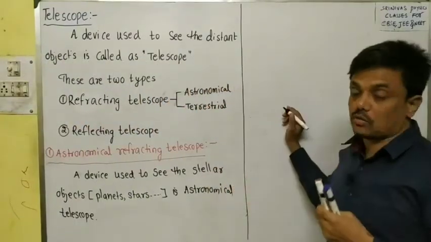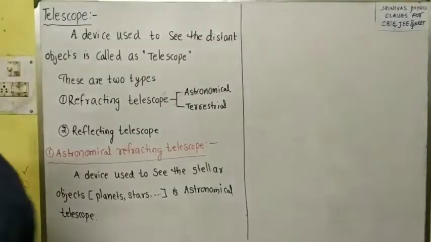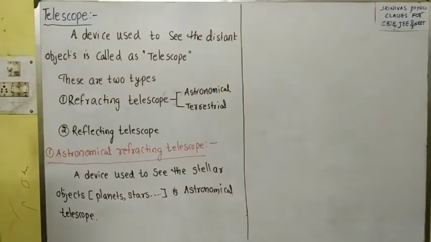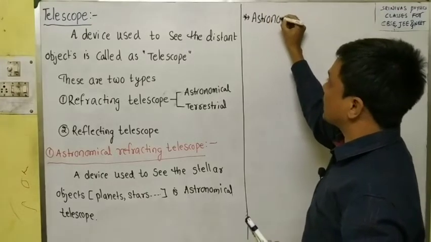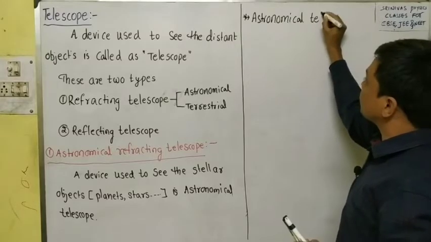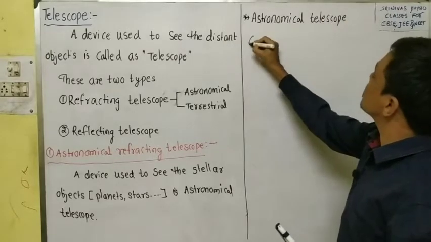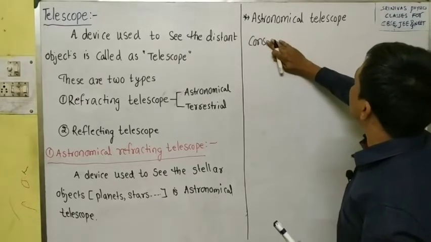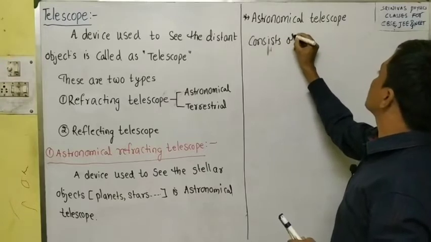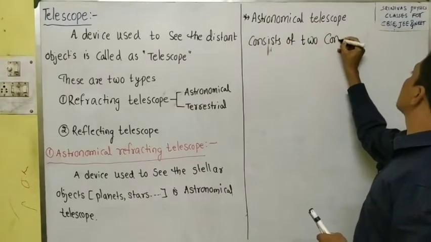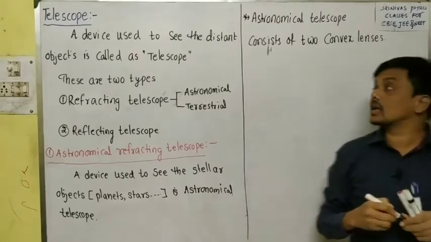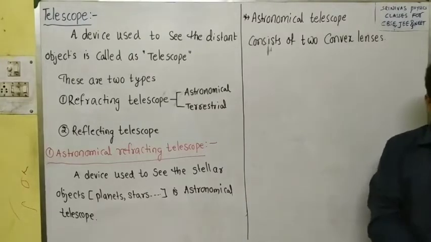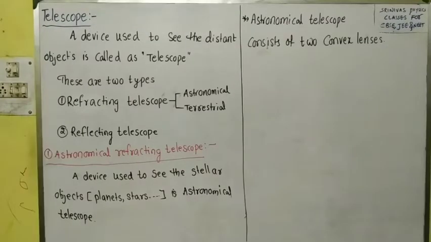Now, what is the construction of the astronomical telescope? What does it consist of? The astronomical refracting telescope consists of two convex lenses.